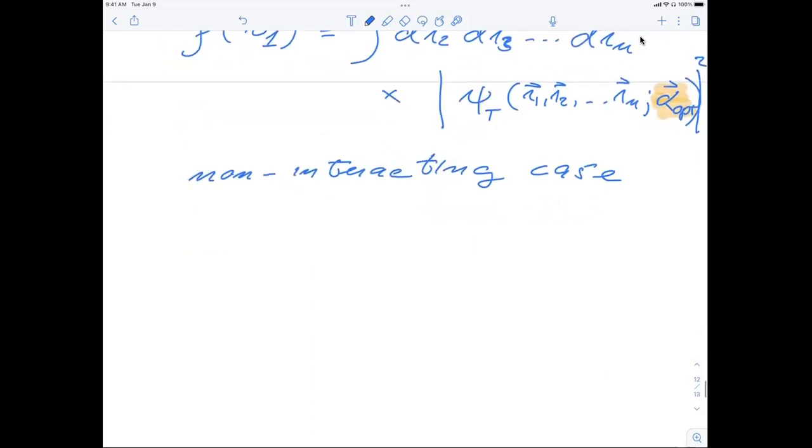So if you look at the non-interacting case, and let's now rewrite this R1. If we now are in 2 dimensions, we would plot it as a function of R1, which is then equal to x1 squared plus y1 squared. If you're in 3 dimensions, you need to add z squared.